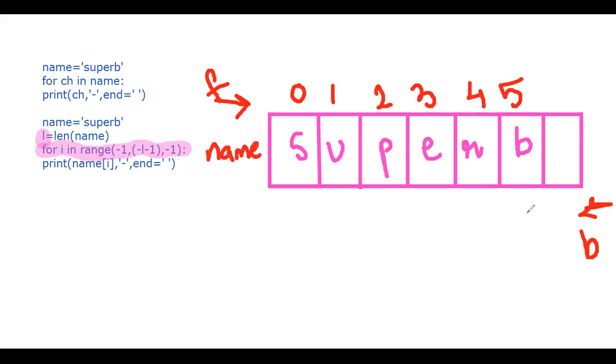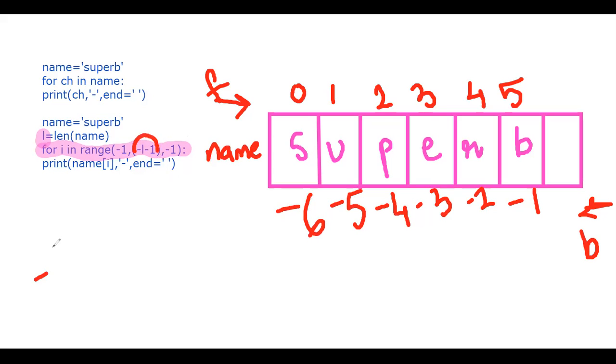Backward indexing starts at -1. So -1, -2, -3, -4, -5, and -6. So this thing in the center will mean -6... -1.